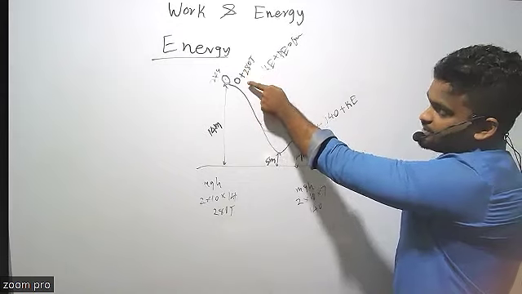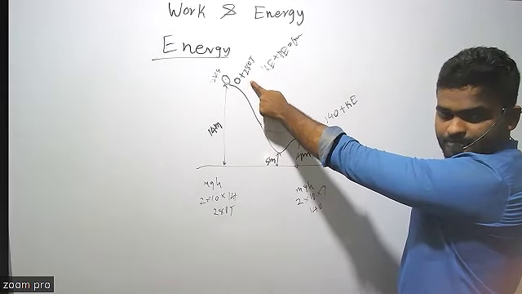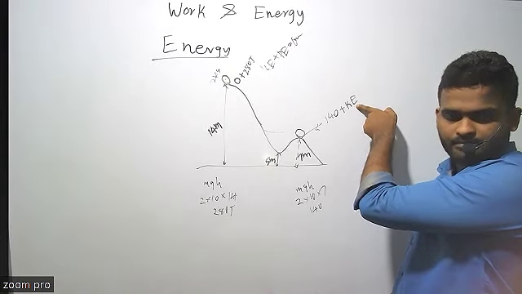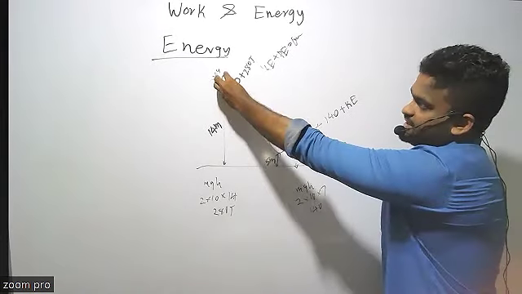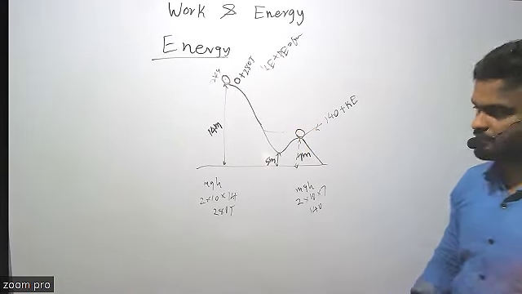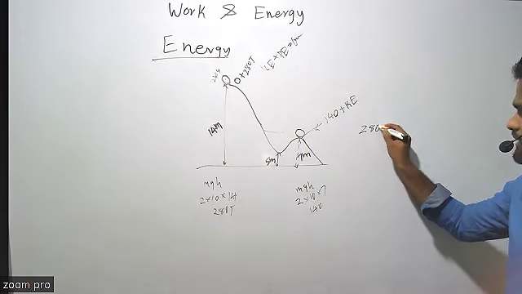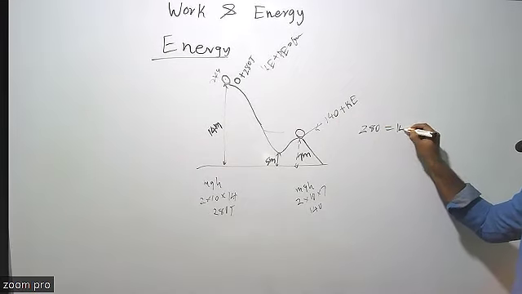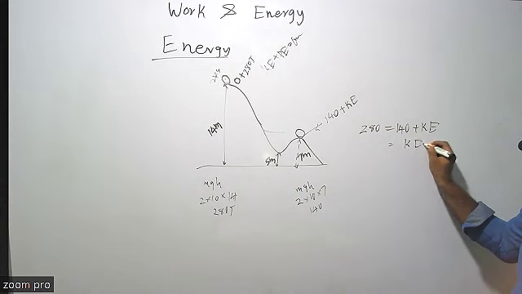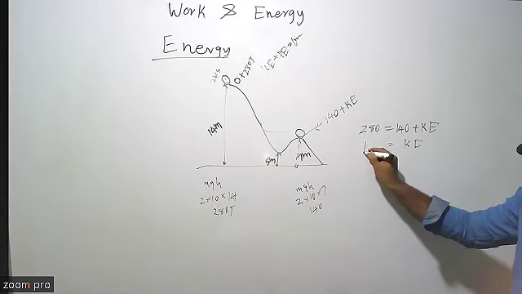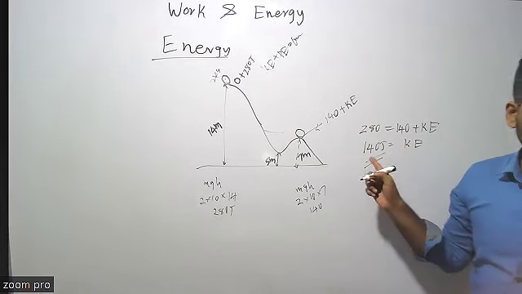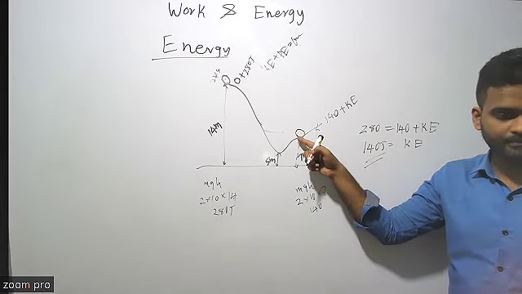So total energy there is 280. Here the total energy is 140 plus kinetic energy. Energy here is equal to energy here. So you can simply put 140 to the other side and take 140 joules as the kinetic energy. So that's going to be the kinetic energy here.